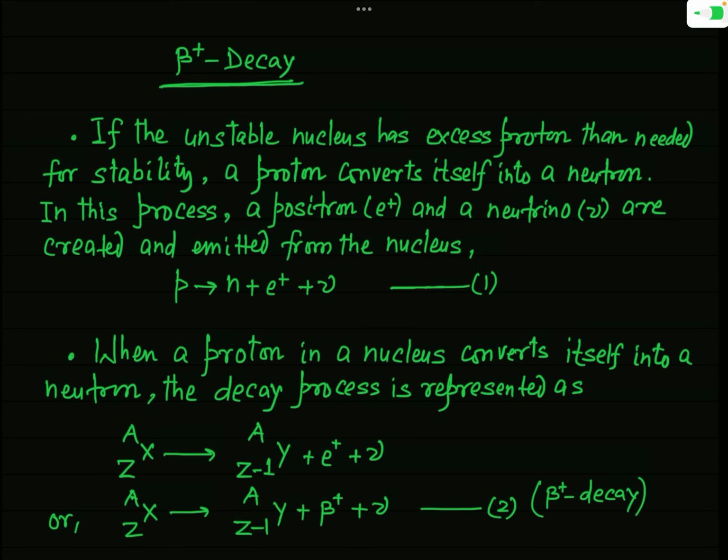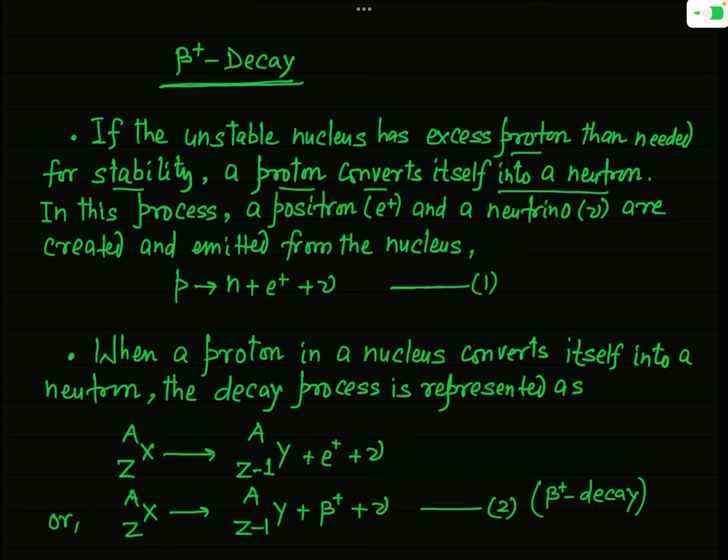And for this, inside the nucleus there is a conversion of a proton into a neutron. So if the unstable nucleus has an excess of protons than needed for stability, then a proton will convert itself into a neutron.